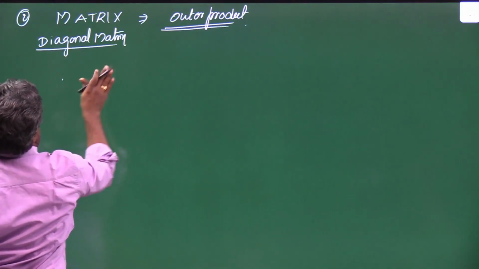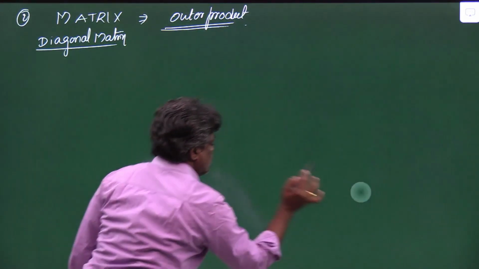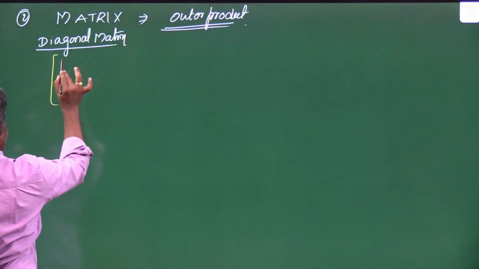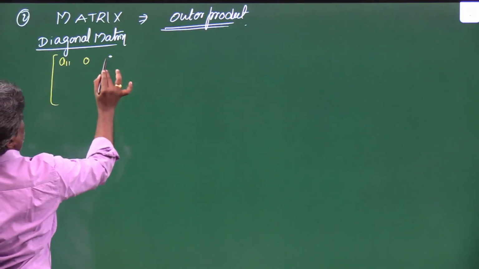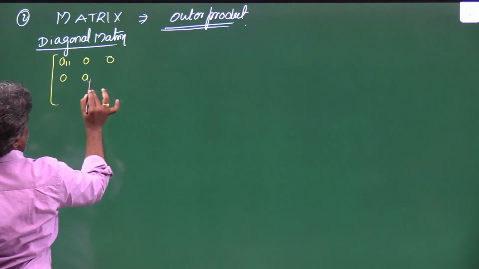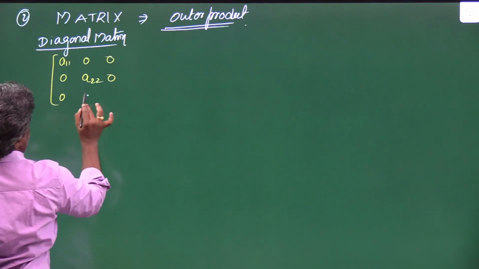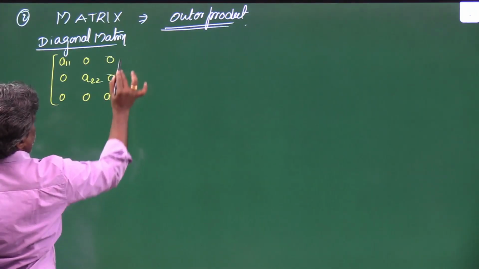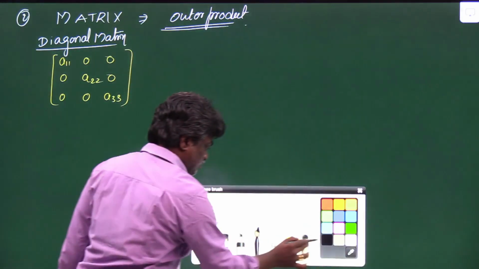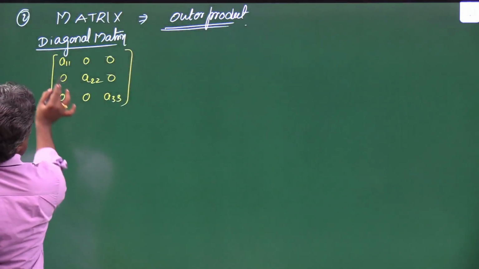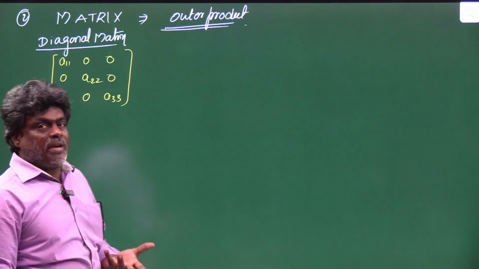Now see. Could you please tell me one example? Diagonal matrix means I am taking like this: A11, 0, 0, 0, A22, 0, 0, 0, A33. Is it okay? Now please tell me what are these diagonal elements? Eigenvalues.